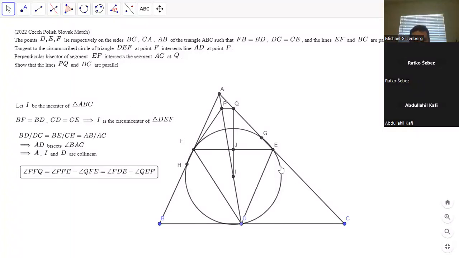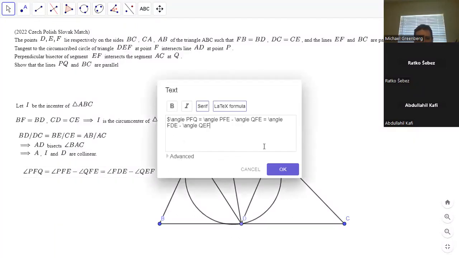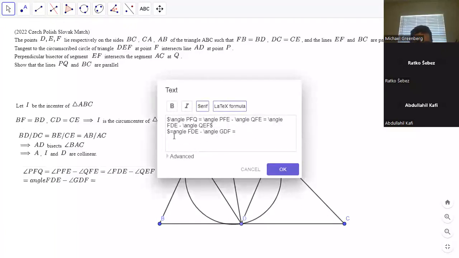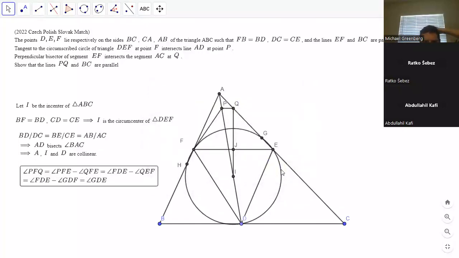So FDH. So QEF is GEF, QEF is GDF. So this is FDE minus GDF, which is angle GDE. And can we show that that's angle FDH?